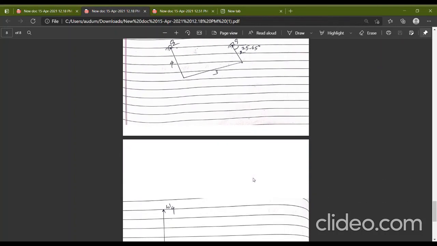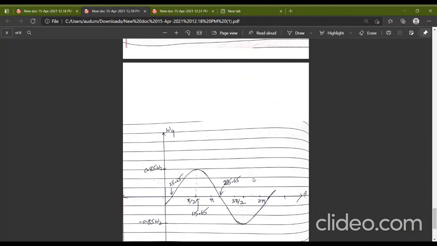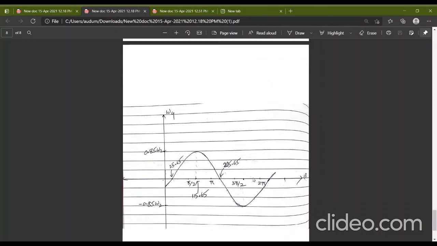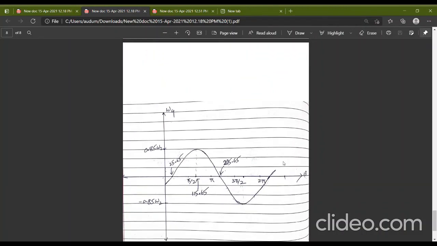Now this is the graphical analysis of the input angle of the rotor and the output omega of the wiper, that is omega 4. At 25.65 degrees, that is the first dead center, the output omega of the wiper will be 0.